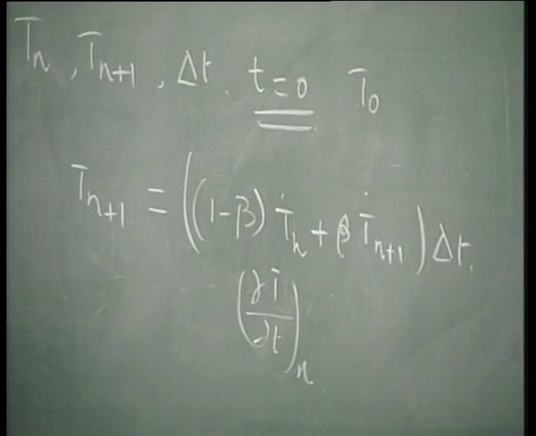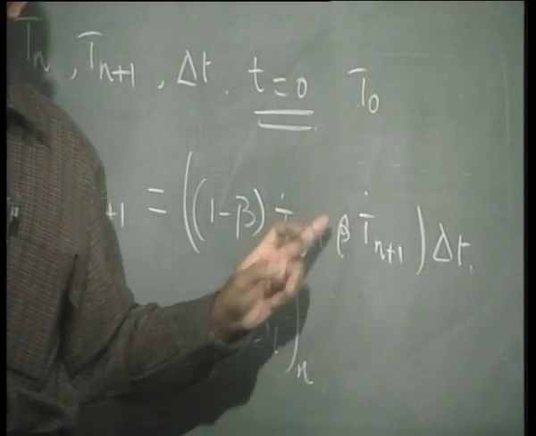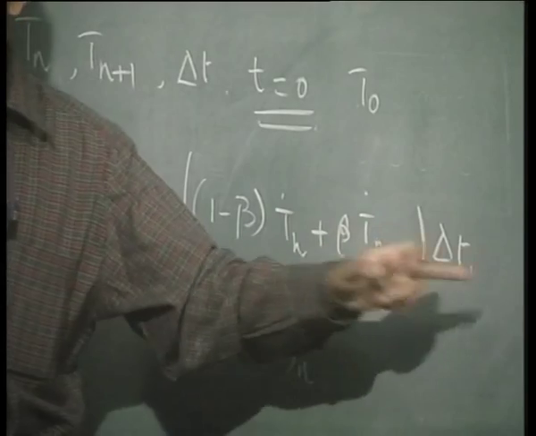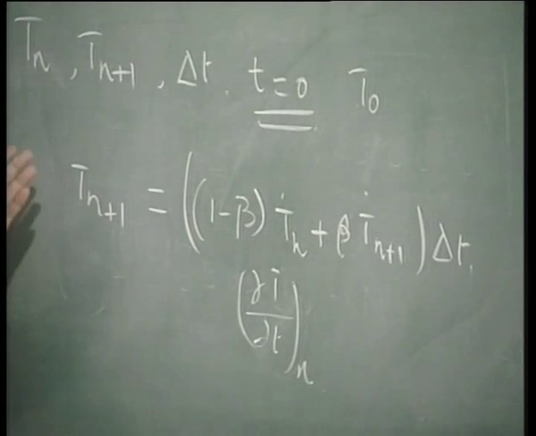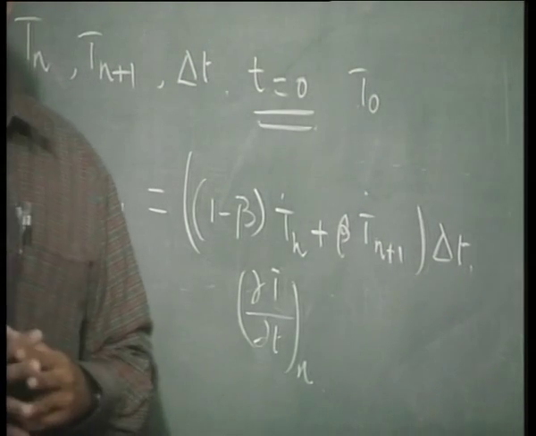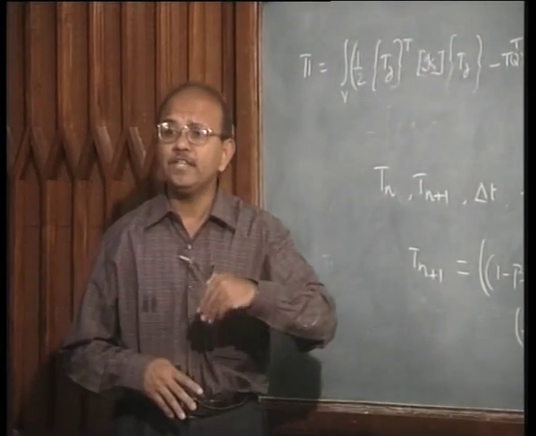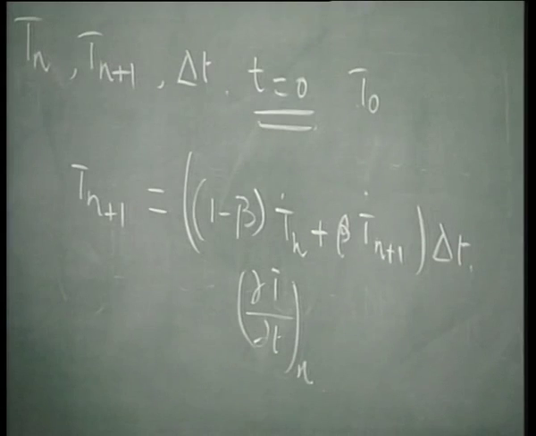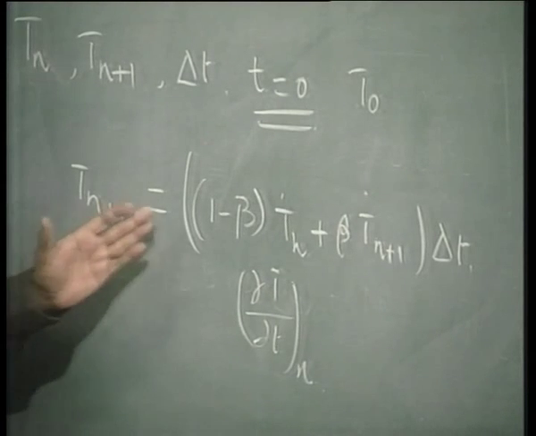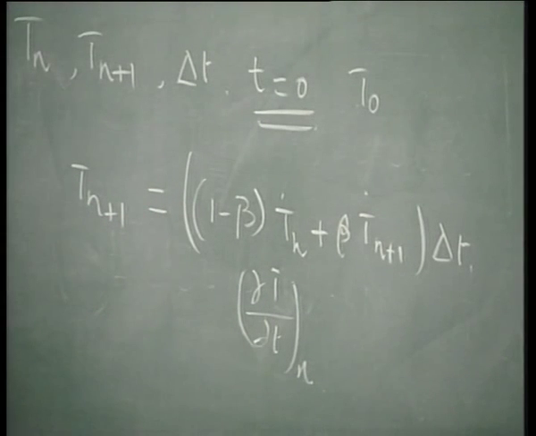We approximate T n plus 1 by knowing the slope at n. So dou T by dou small t at n multiplied by delta t gives me T n plus 1. In other words, T n plus 1 is explicitly determined. So knowing the slope of the previous step, I calculate the current T n plus 1 from that.